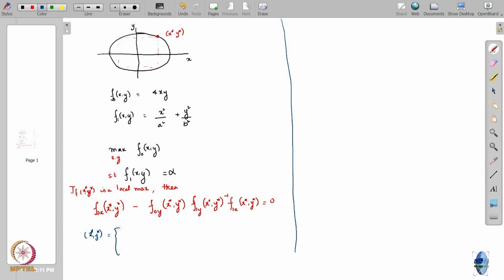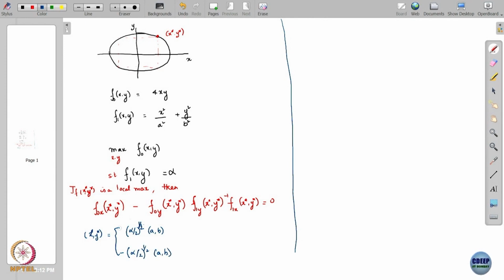You get 2 solutions, one is square root of alpha by 2 times a comma b, the other is negative of square root of alpha by 2 times a comma b. So, these are the 2 solutions that you get.